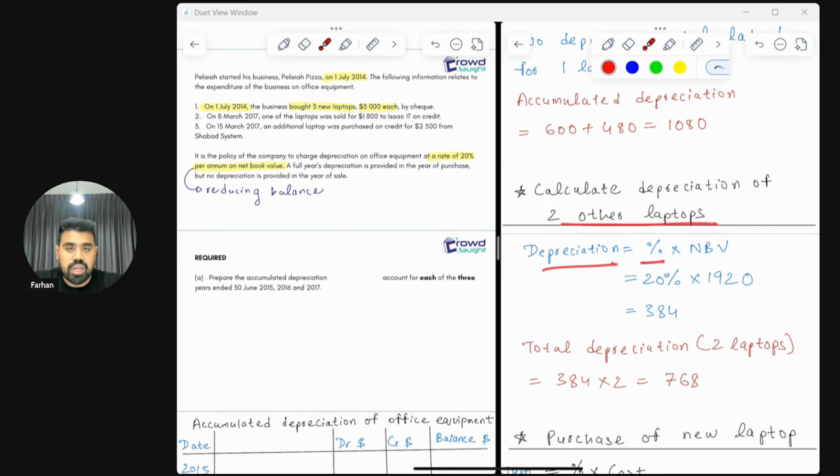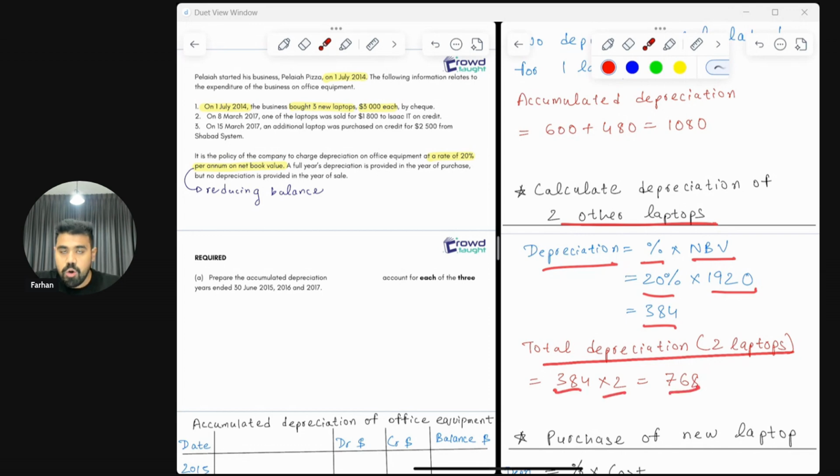We multiply the given percentage with the net book value. The percentage is 20, as we know. The net book value was $1,920 at 30 June 2015. If you recall, you can check your workings. In year 2, the net book value was $1,920. And that gives us a depreciation of $384 for one laptop, which means the total depreciation for 2 laptops together will be 384 times 2, which is $768.